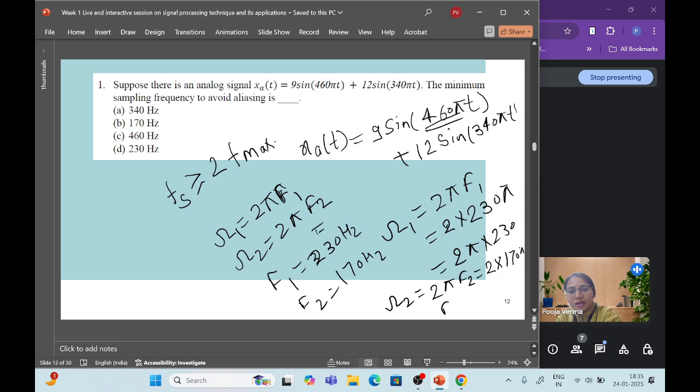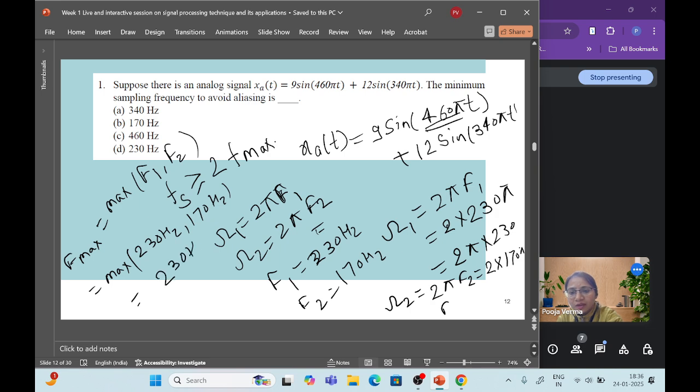Already we know that we need to find f maximum, so f max is the maximum of f1 and f2, the maximum of 230 hertz and 170 hertz. Which is the maximum value? 230 hertz.